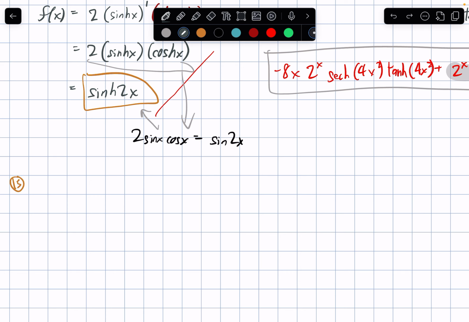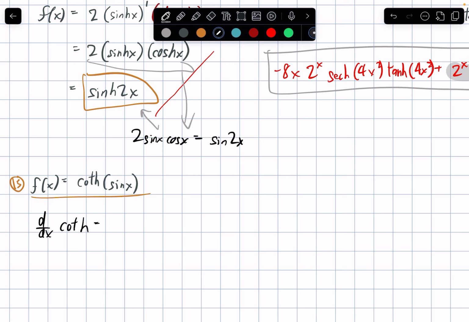Okay. So, what is the derivative of coth? Coth, right?